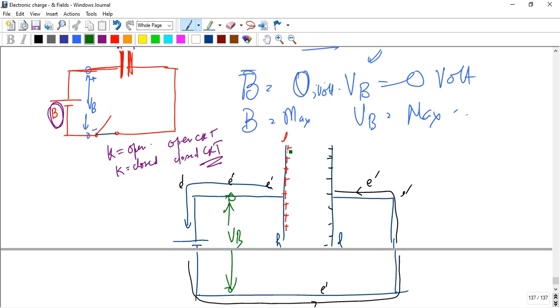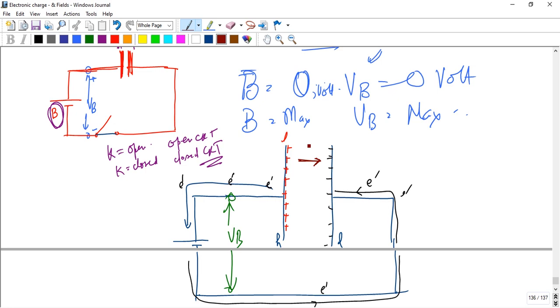Here you see that the H plate contains a positive charge and the L plate contains a negative charge. But the magnitudes of the charges are the same, that means the absolute value is the same. You have plus 10, that is minus 10 coulomb. Now this plate creates an electric field in that direction.